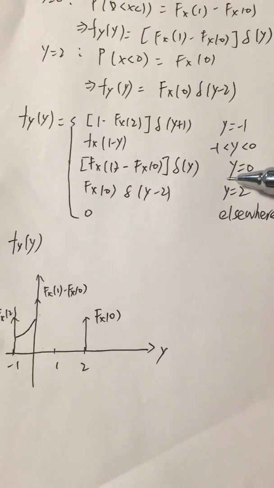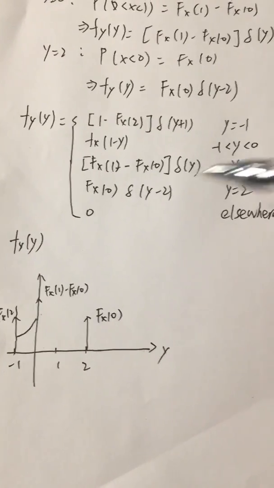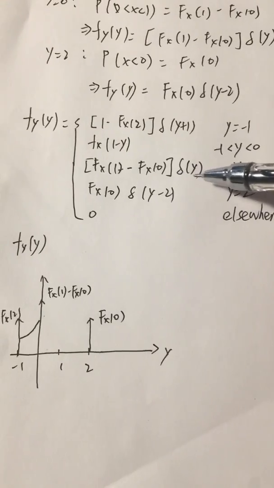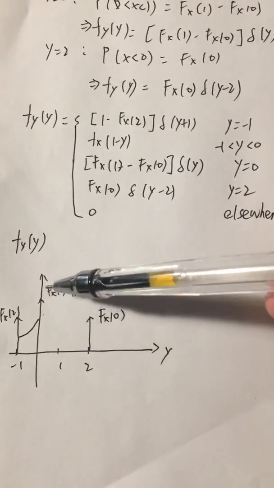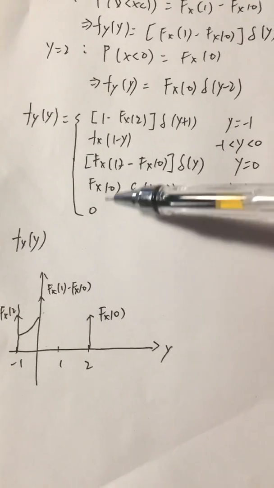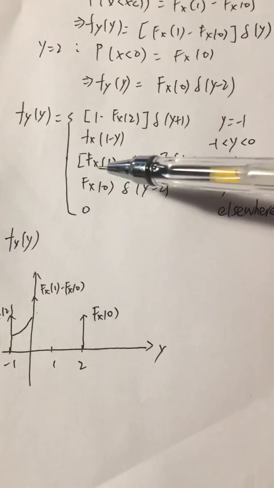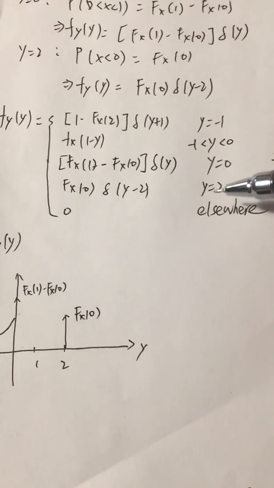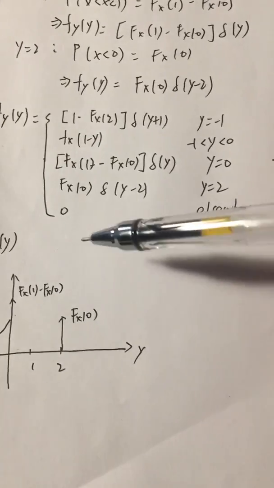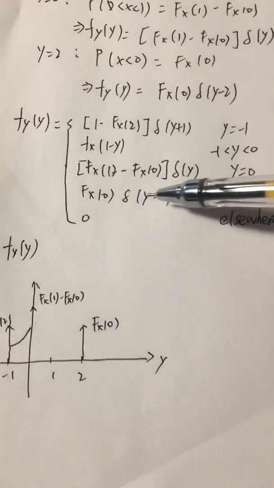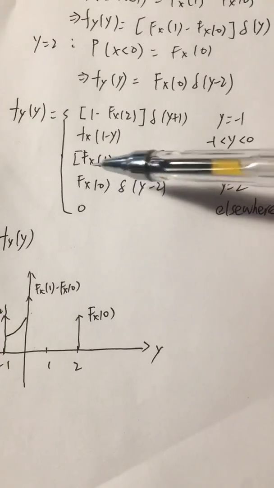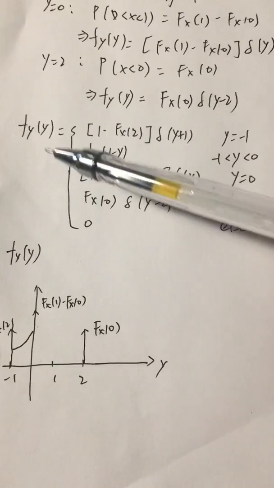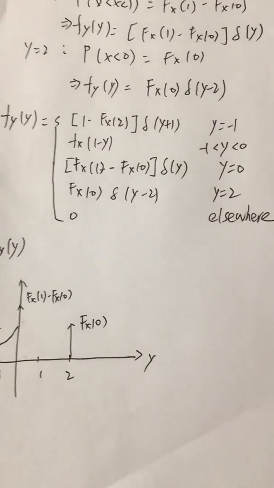And when y is 0, we get another impulse function, and the value of the coefficient is capital Fx(1) minus capital Fx(0). And when y equals 2, this is the final impulse function, and the coefficient is capital Fx(0), and fY(y) equals 0 elsewhere as well.